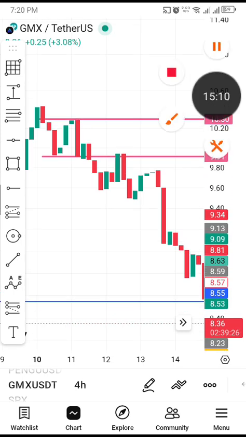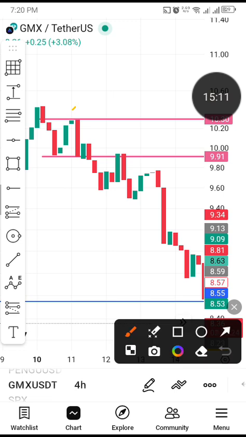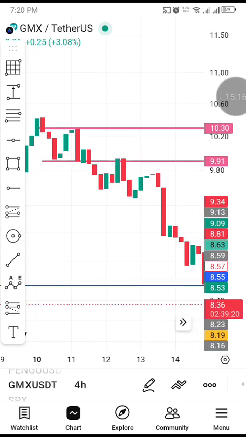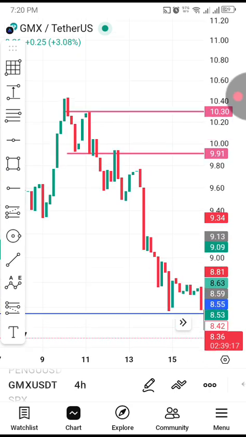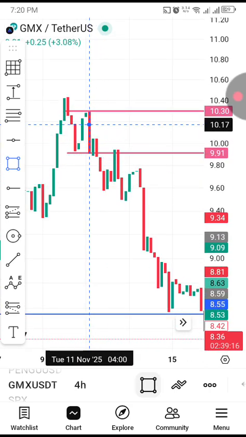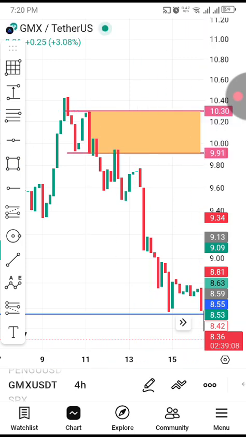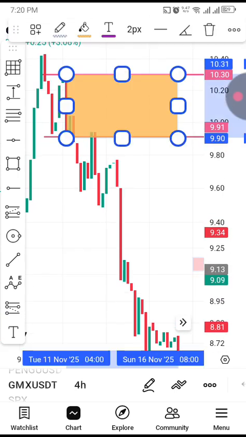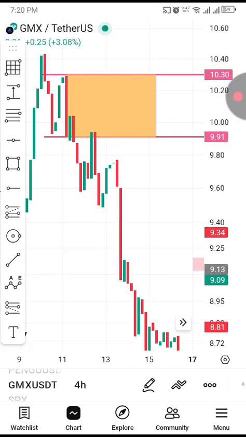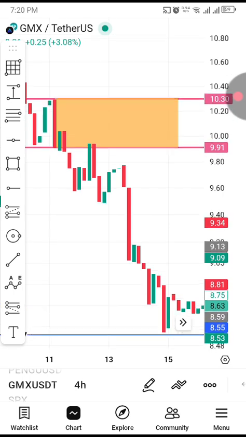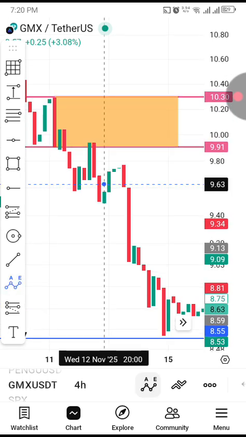Remember, the candle opens at this level here and it closes at this level once again. So if you wanted to wait for the retest, you would mark that zone. After marking that zone, you are going to see that you are going to have a good retest before entering.